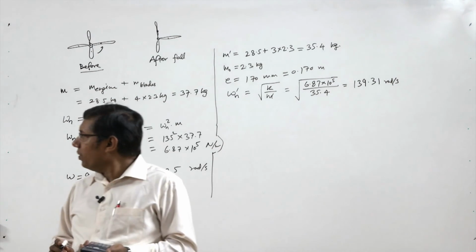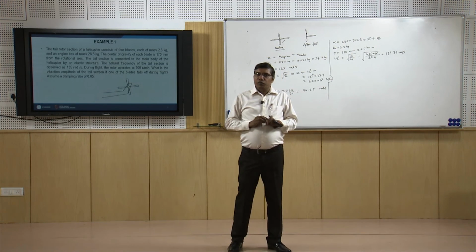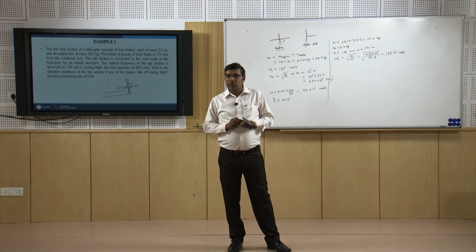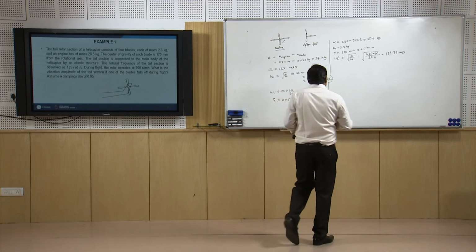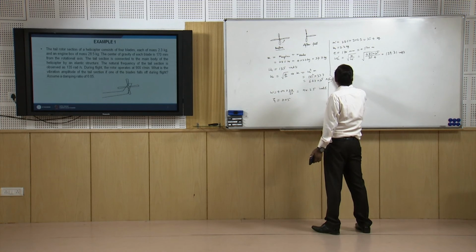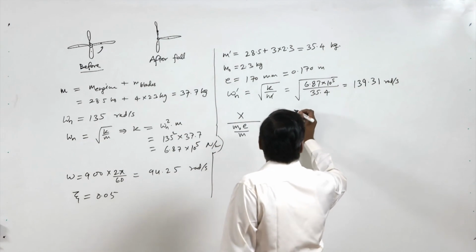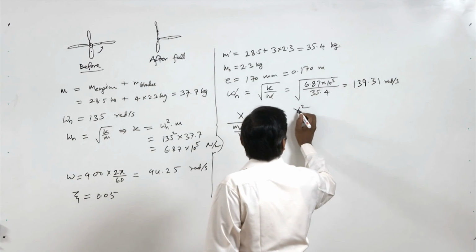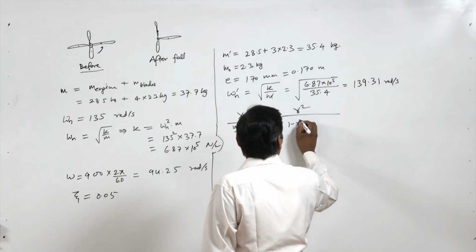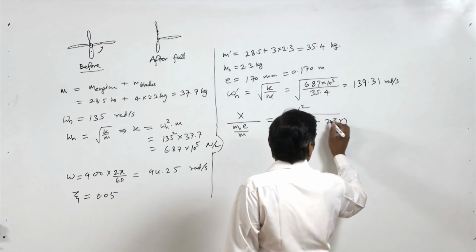Now we have to find the vibration amplitude. We know that the vibration amplitude in case of rotating unbalance is x by m0 e by m equal to r square upon the square root of (1 minus r square) whole square plus (2 zeta r) whole square.